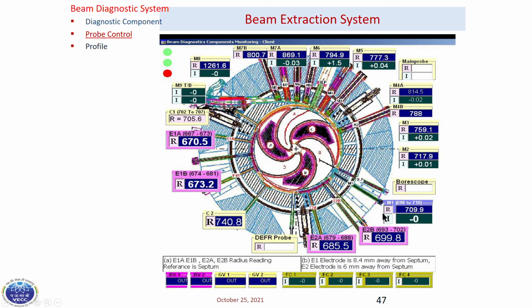This shows the components in beam extraction systems. They are deflector and magnetic channels. Their positions and beam current for falling on deflector and the magnetic channels are measured. The position settings are also done using the same OPI.